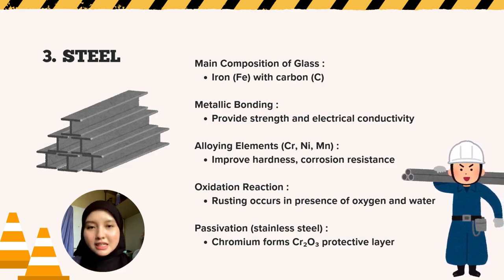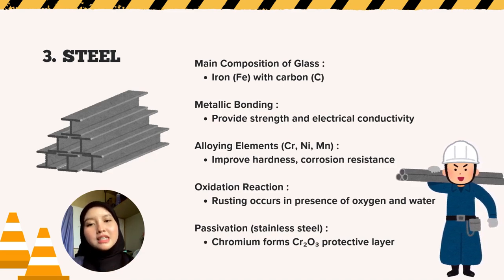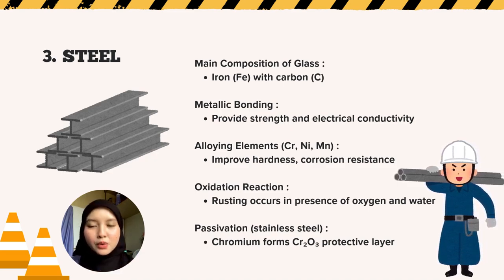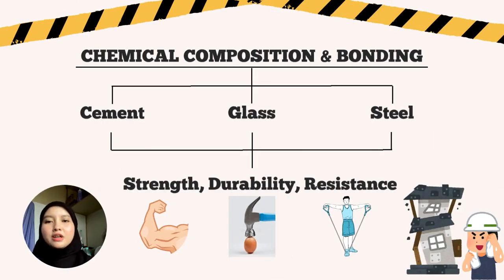In stainless steel, chromium reacts with oxygen to form a thin chromium oxide layer, which prevents further corrosion and improves performance. In conclusion, the chemical composition and bonding of cement, glass, and steel directly control their strength, durability, and resistance, making them suitable for different engineering applications.